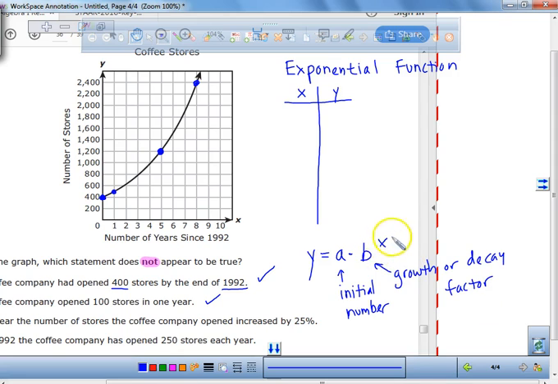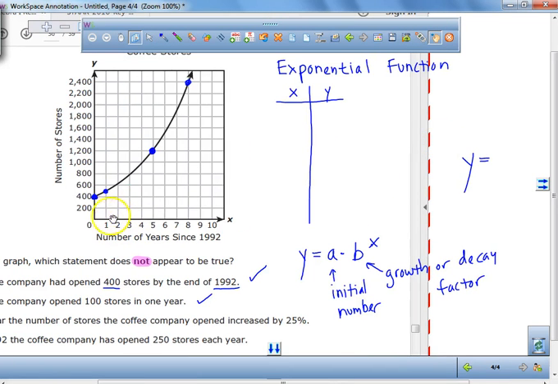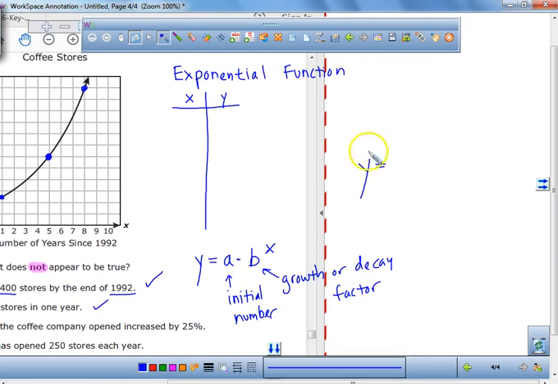And then x is just the number of years, and y is your result. So right now, if it increased by 25% every single year, here's what would happen. You can say y equals, how many stores did we start out with? We started out with a total of 400, so you put y equals 400.